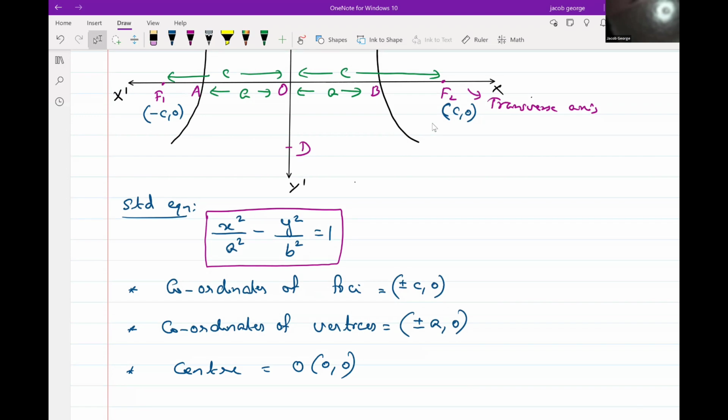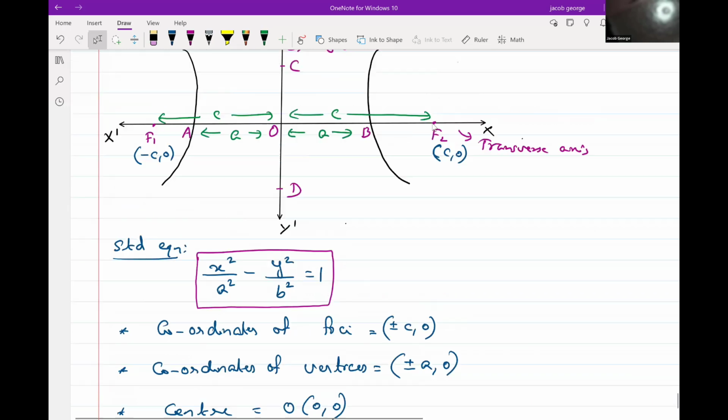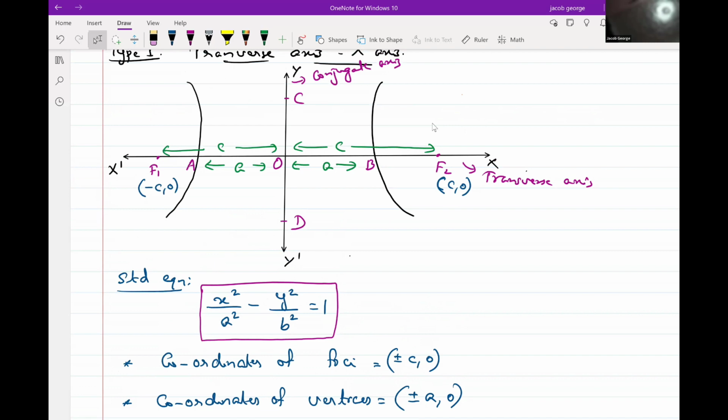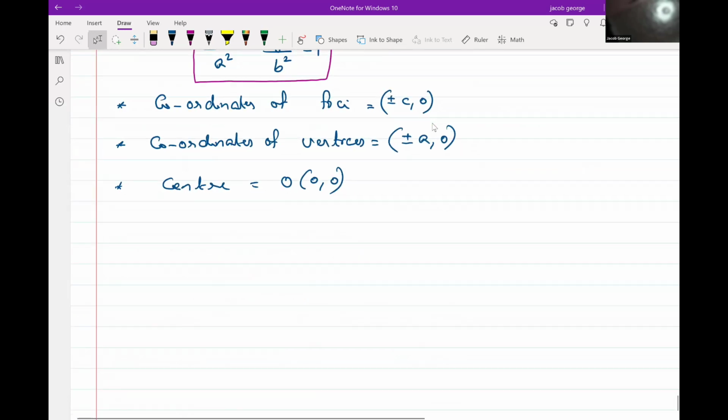Next, type 2. In type 2, the transverse axis will be the y-axis. That means the diverging curves will belong to the y-axis. Yes, did you complete till here? Okay, next, type number 2.